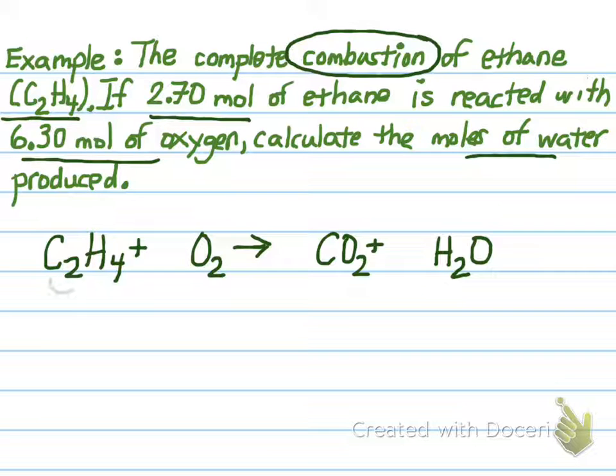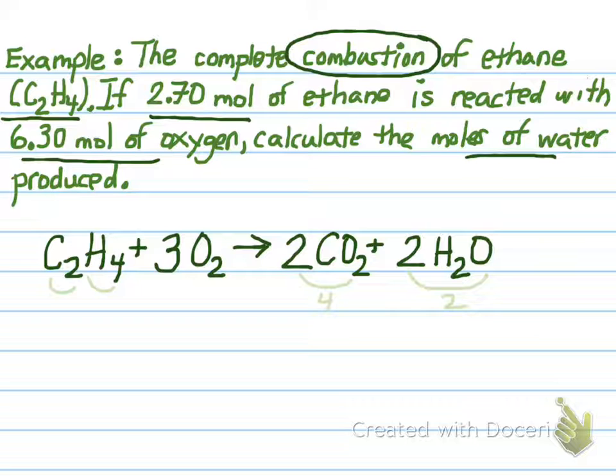So we have 2 carbons, so we need a coefficient of 2 in front of carbon dioxide. We have 4 hydrogens, so we need a coefficient of 2 in front of water. Now we have 2 times 2, which is 4, plus 2 more, which makes 6 oxygens, so we need a coefficient of 3 in front of oxygen.